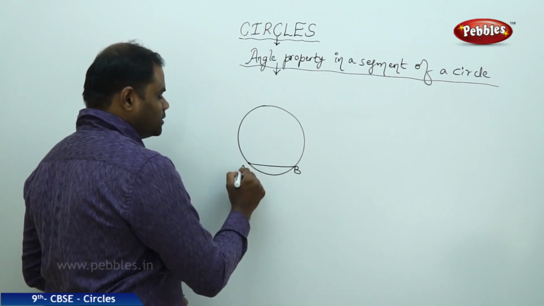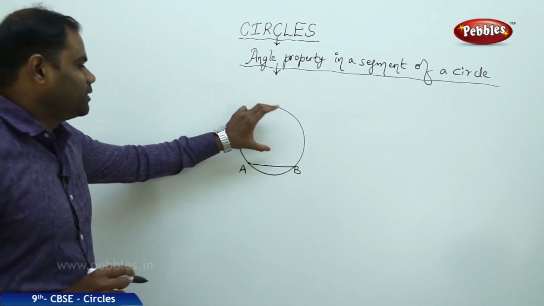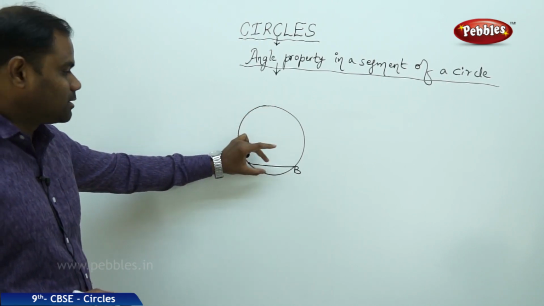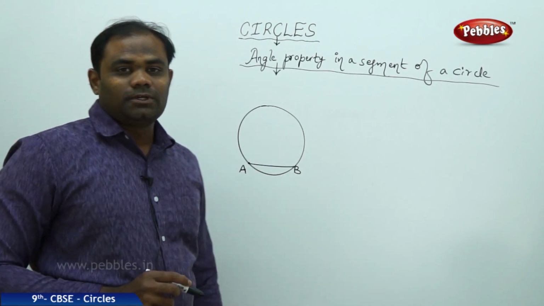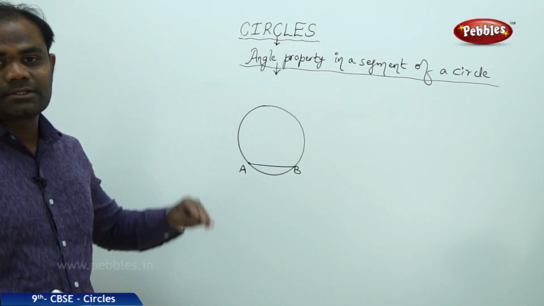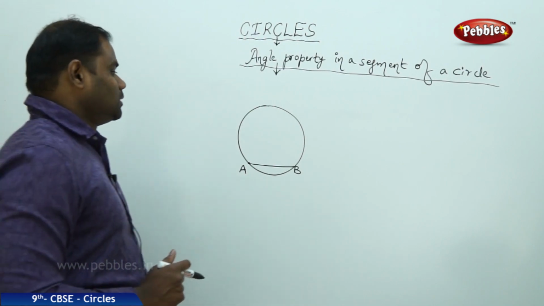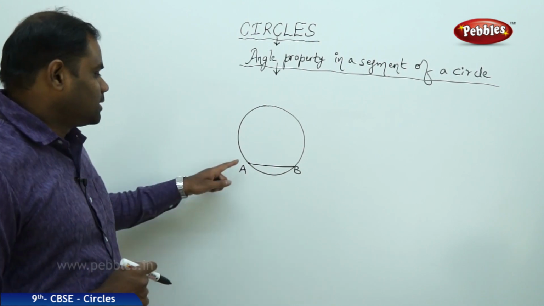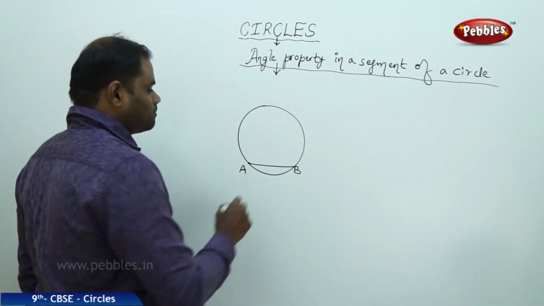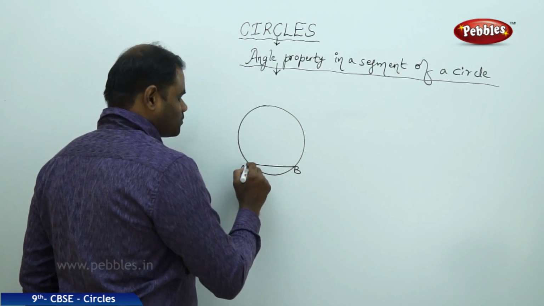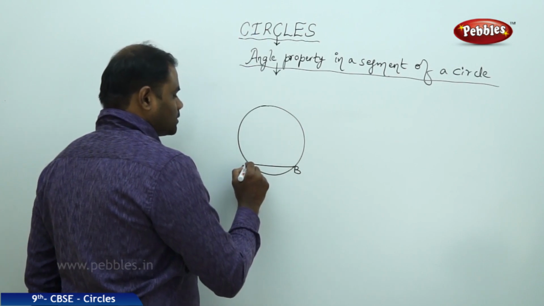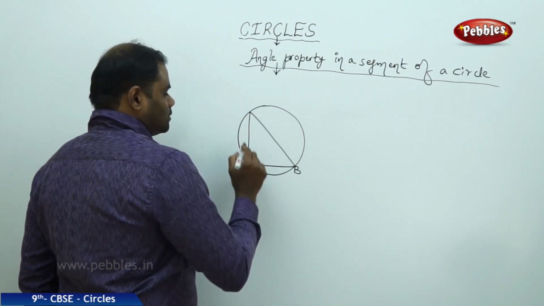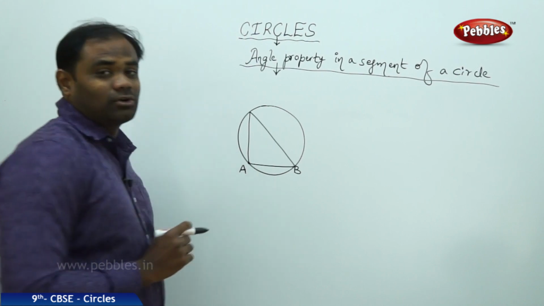AB is the chord which divides the circle into two regions, region 1 and region 2. Therefore, this is called the major segment and the minor segment. So here we have the segments as divided through a chord. So the angle property in a segment of a circle says that if I take the chord AB and I take the subtended angle made by the chord AB.